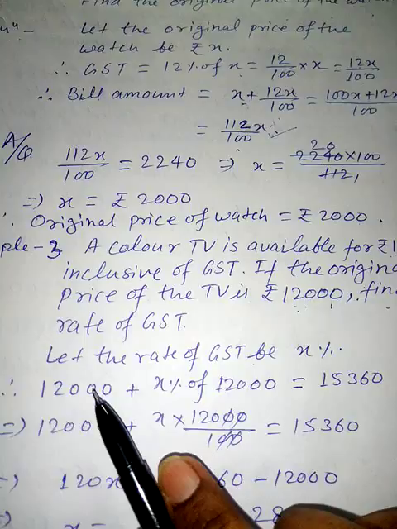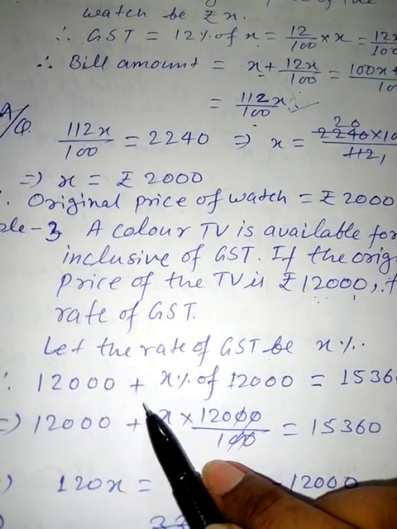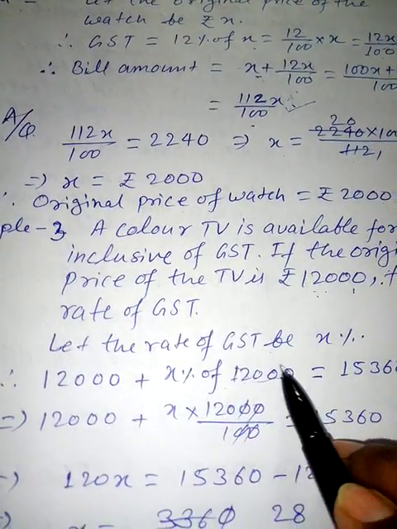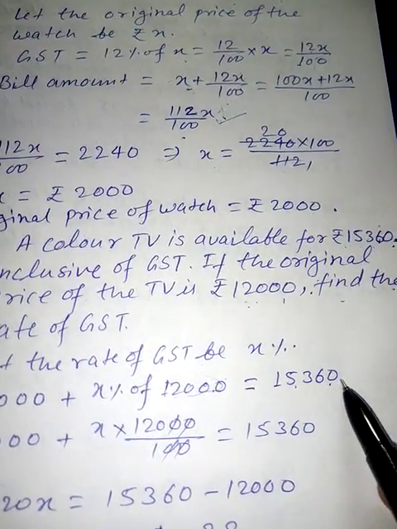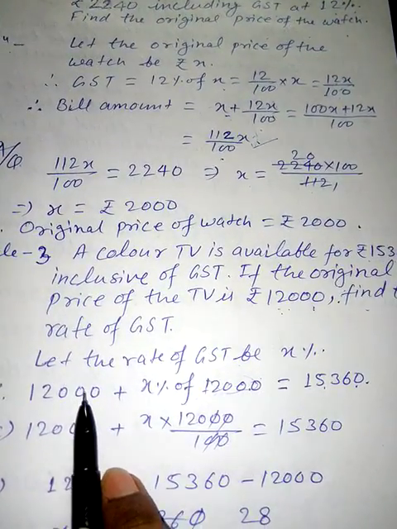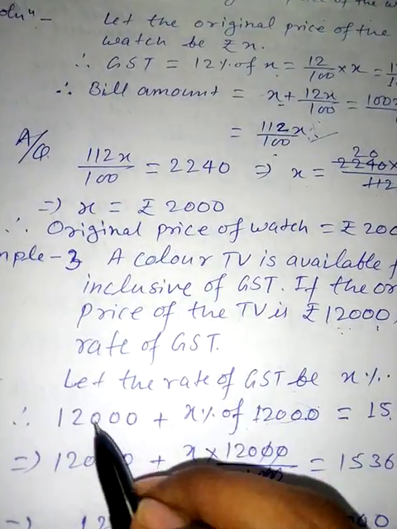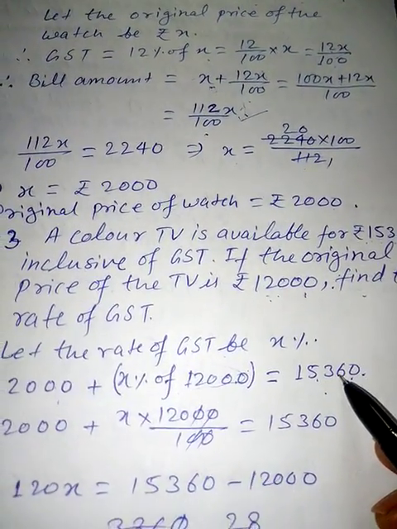So the original price of the TV plus X% of 12,000, that is the GST amount, equals 15,360, that is the bill amount. Original price plus tax equals bill amount.